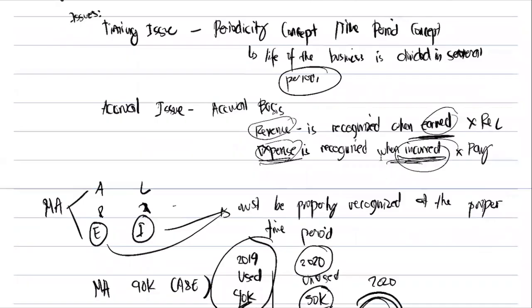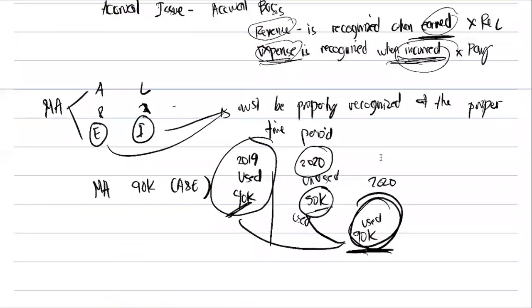So again, let's say for this example, we have 90,000, which should be recorded in two periods, 2019 and 2020. 2019 because it is incurred in 2019, and a portion was also incurred in 2020.